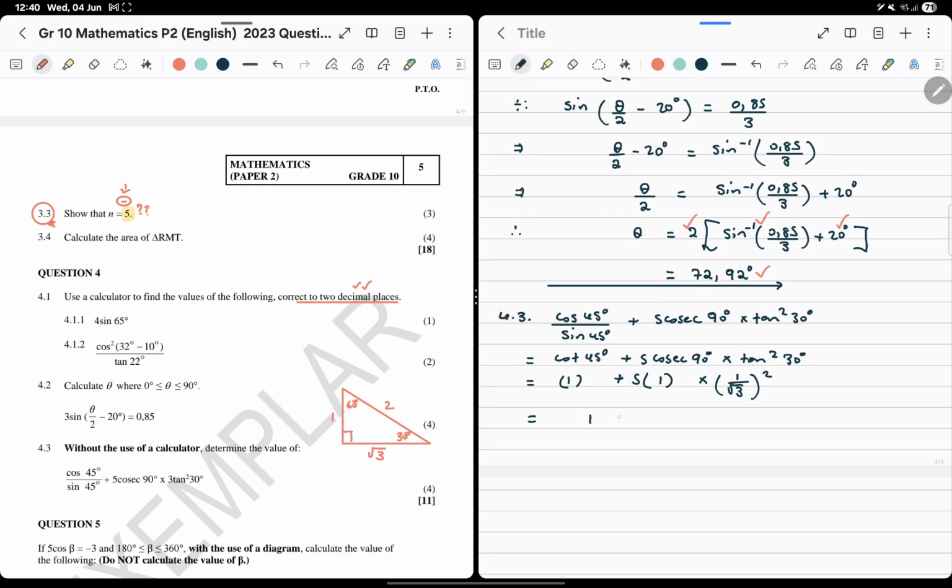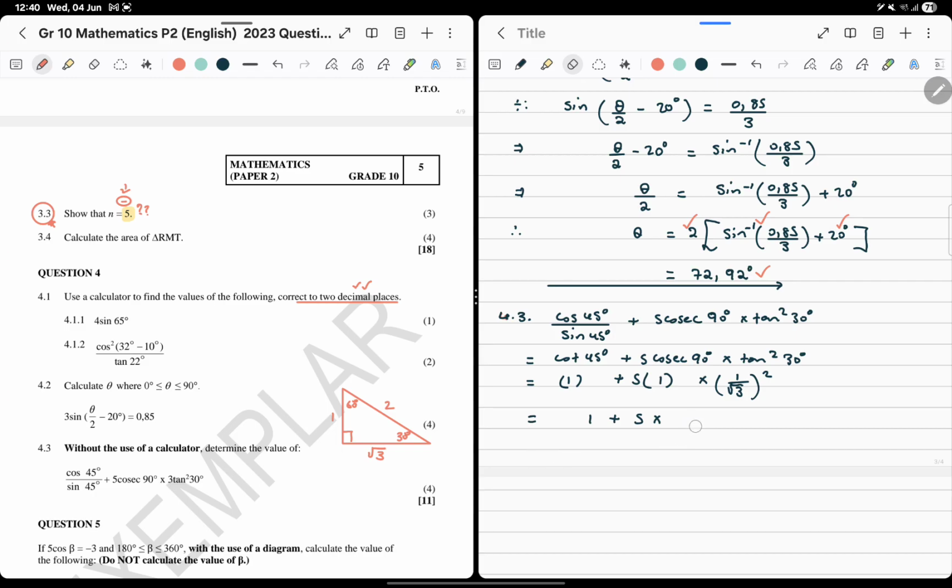So this is basically 1 plus 5 times 1 over 3. Okay, so this is equal to, now we can, okay, so do we really want to prolong the inevitable here?